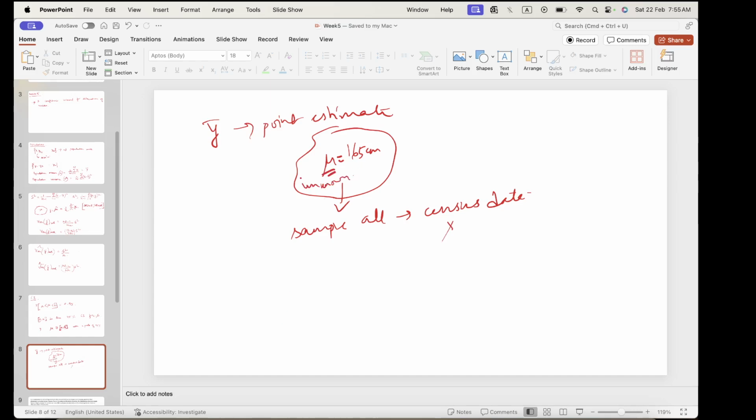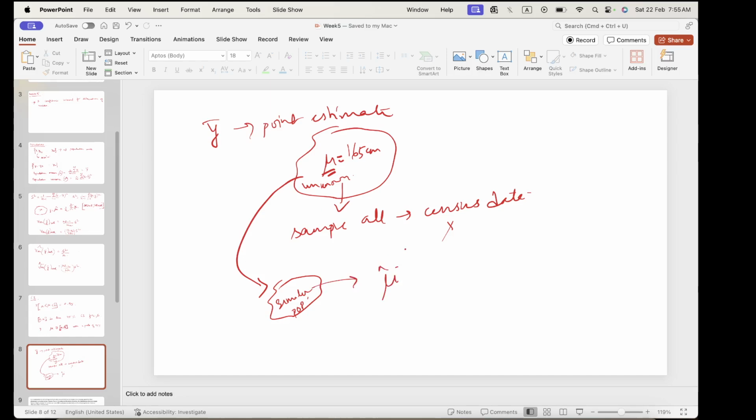What I am doing is collecting a smaller subset which is very similar to the population, and from it I am trying to get mu hat.